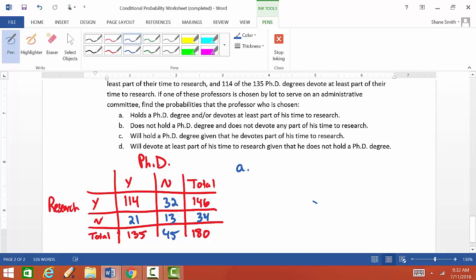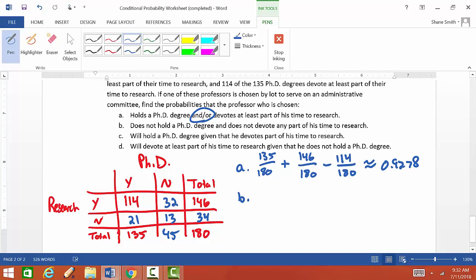So A, what's the probability they hold a PhD degree or devote part of their time to research? Well, there's 135 PhDs of 180, plus there's 146 out of 180 that devote part of their time to research. And then remember, for the and or, which is actually just an or, you subtract the overlap. So you have to subtract 114 over 180. And the decimal for that is 0.9278.